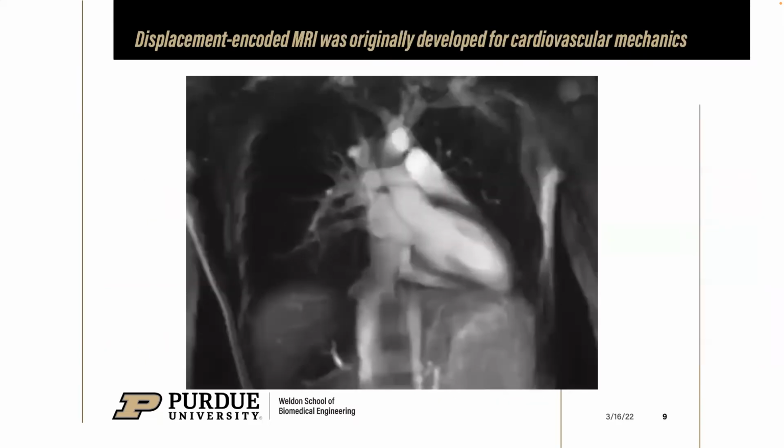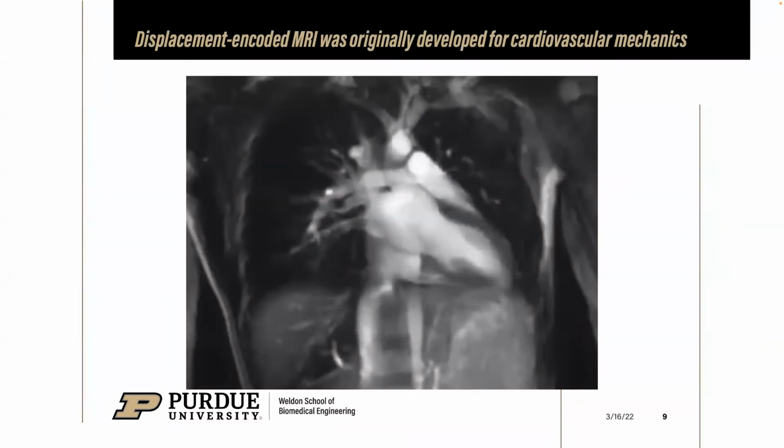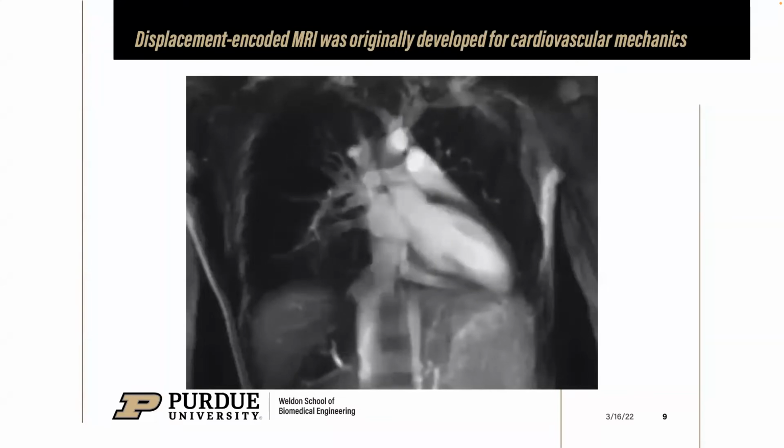So the one that for some reason got hidden in my slideshow was this one, right? And so early on in the development of this work in measuring biomechanics of cartilage using MRI, we came upon this technique called displacement encoded MRI.